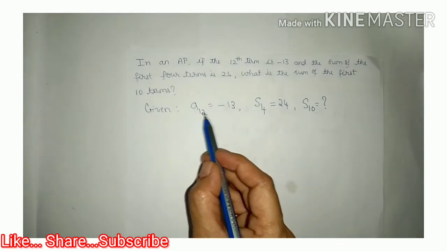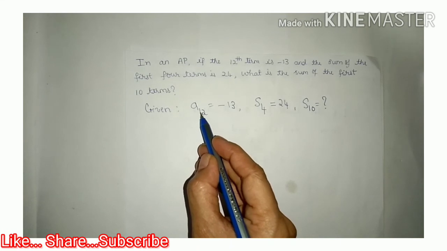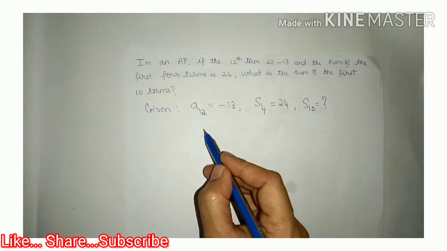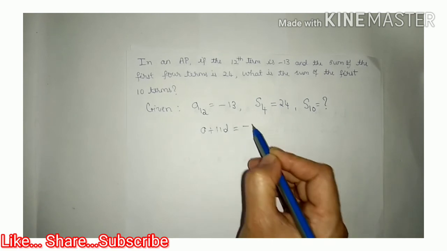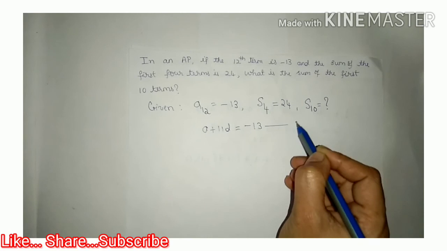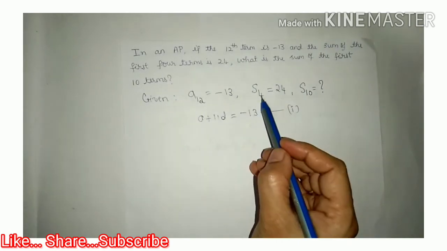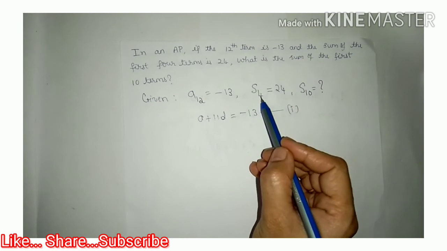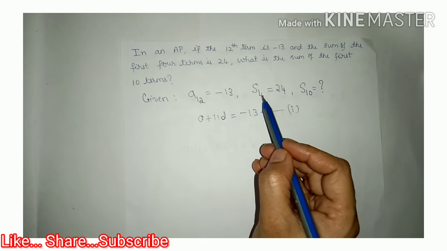A12 is minus 13. The nth term is A plus (n minus 1) into D, so A plus (12 minus 1) into D, A plus 11D is equal to minus 13. Let it be equation number 1. Also given S4 is equal to 24. Sn is equal to n by 2 into (2a plus (n minus 1) into D).